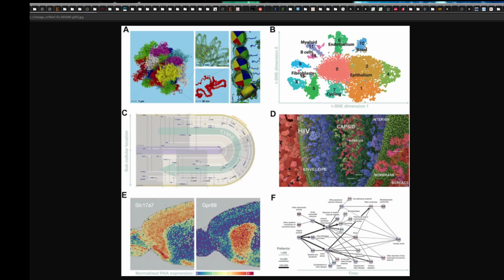Caporaso, J.G., Kuczynski, J., Stombaugh, J., Bittinger, K., Bushman, F.D., Costello, E.K., et al., 2010. QIIME allows analysis of high-throughput community sequencing data. Nat Methods 7, 335-336. DOI 10.1038/nmeth.f.303. PubMed Abstract, Crossref Full Text, Google Scholar.